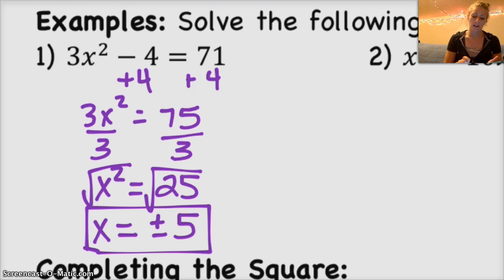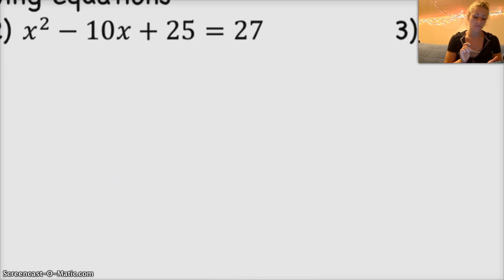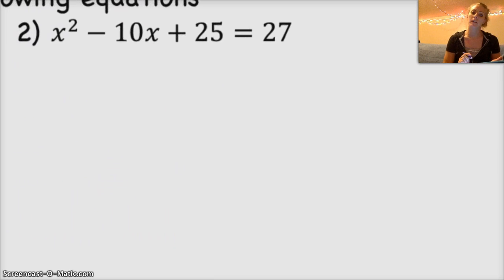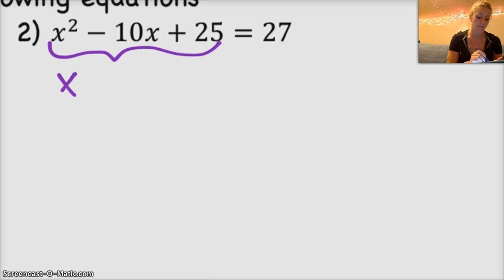Alright, next problem: x squared minus 10x plus 25 equals 27. This one is a little bit different because if you take a look, this side by itself factors really nicely: x minus 5 times x minus 5.